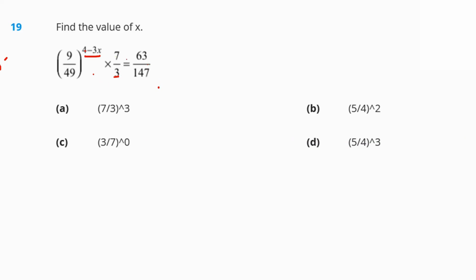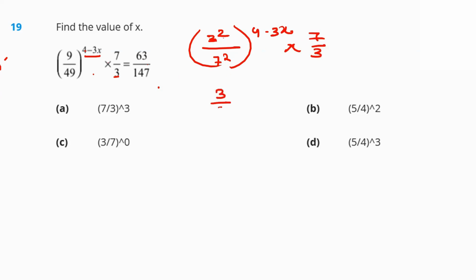Look, if we just observe, we can shift this and change this with the base of 3 and 7. 9 is nothing but 3 squared. 49 is nothing but 7 squared. 4 minus 3x multiplied by 7 by 3. So what can we do? We can take 2 common. That becomes 3 by 7 whole to the power 8 minus 6x multiplied by 7 by 3, okay, is equal to 63.